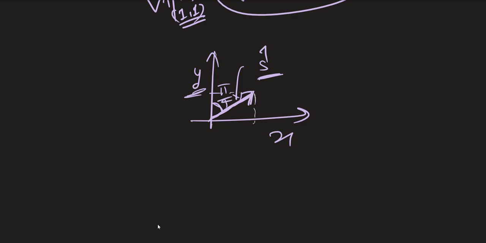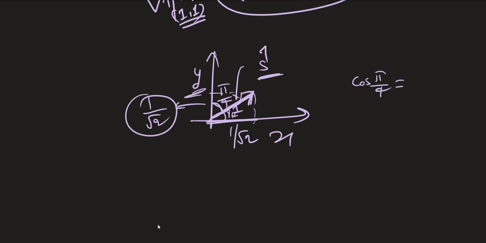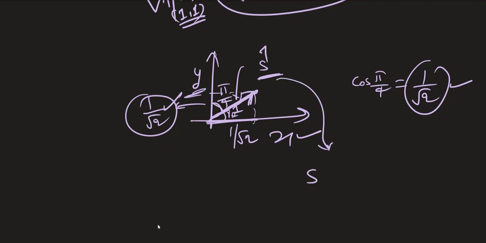Now this is a unit vector, that means this is 1 and this is pi by 4, so this x distance would be 1 by root 2 and y distance also will be 1 by root 2, because this will be 1 cos pi by 4 and cos pi by 4 is simply 1 by under root 2. So just find the x and y distance and we can write this s cap as 1 by root 2 x cap plus 1 by root 2 y cap.